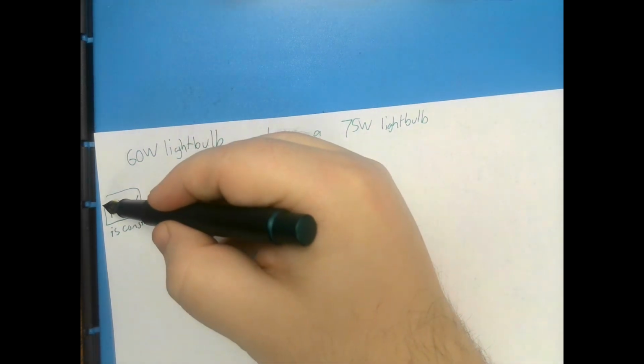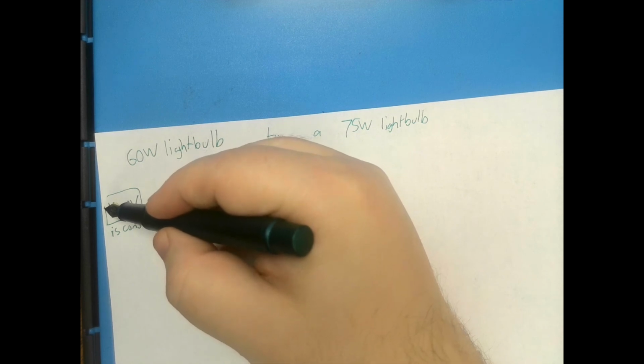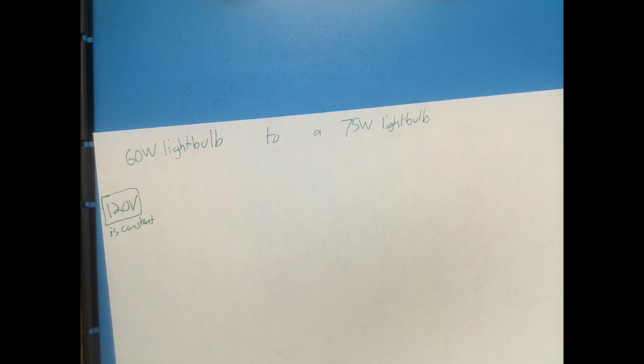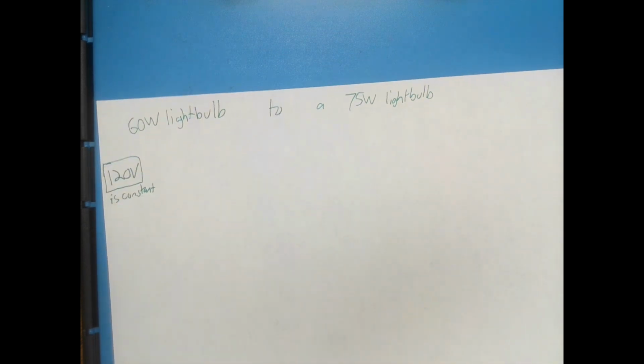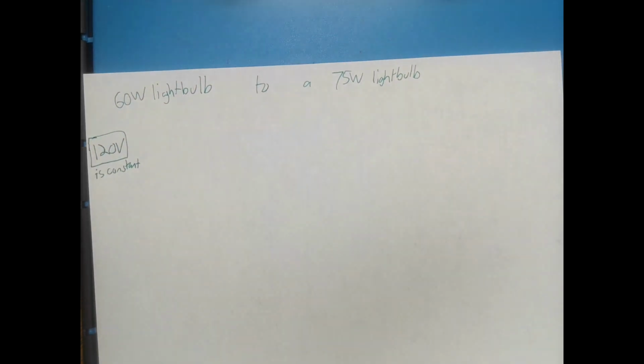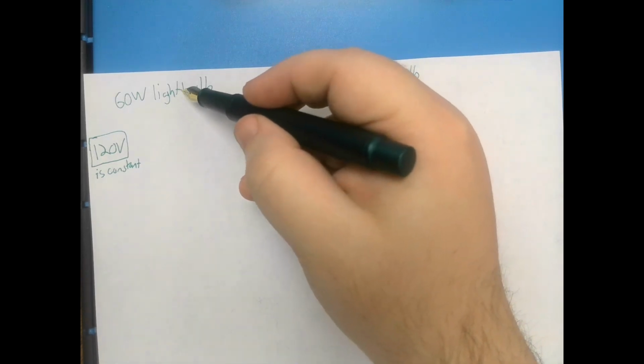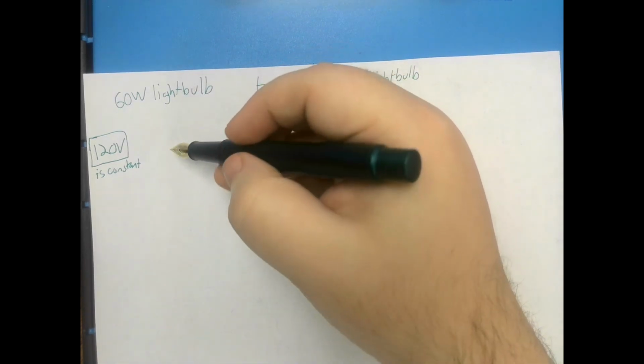Household electronics all use the same voltage. What's different between them is the current they draw. You can change the current by increasing or lowering resistance. So how much current is in this light bulb?